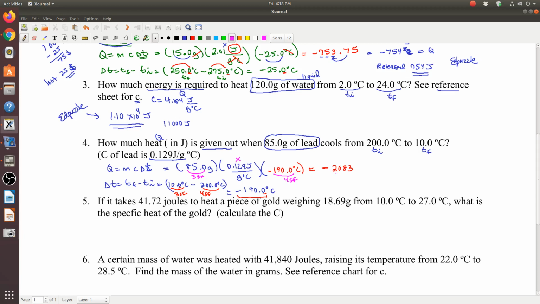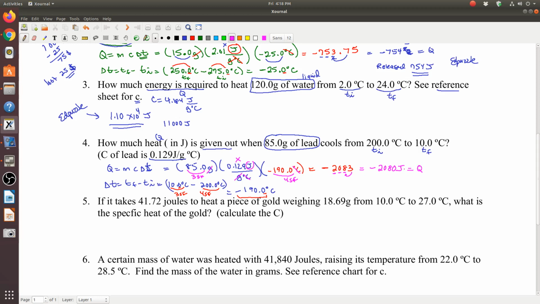So I need 3 sig figs, 1, 2, 3. I look at the 3, the 8 doesn't change, so it's negative 2080. That's joules, because the grams cancel and the degrees Celsius cancel. So this is the Q value.